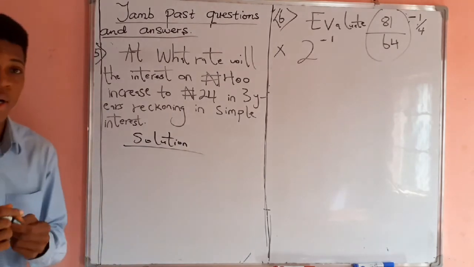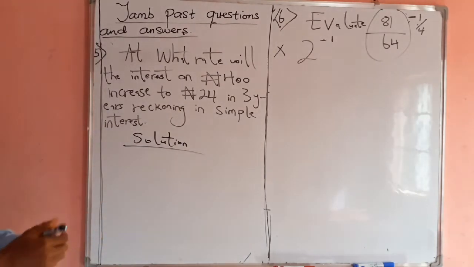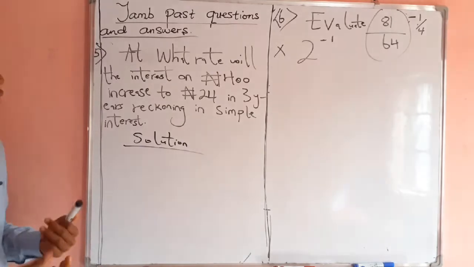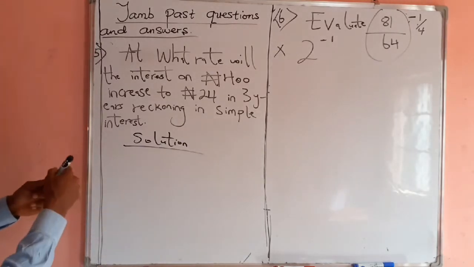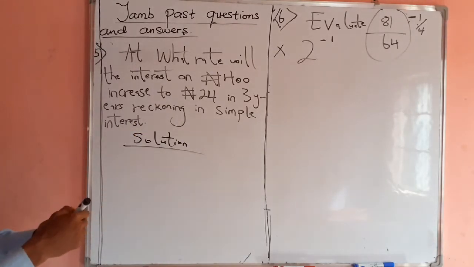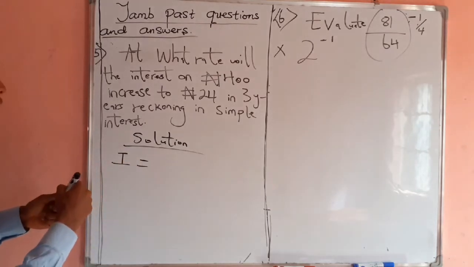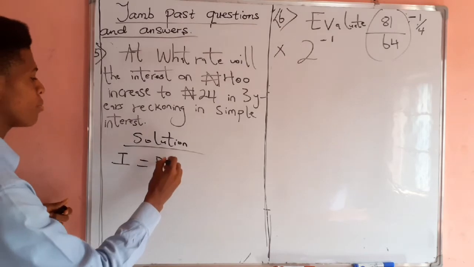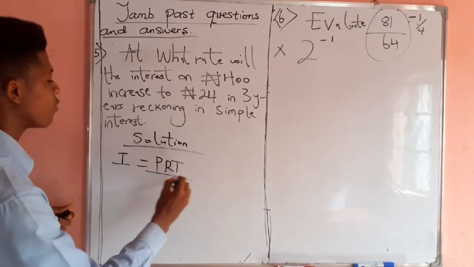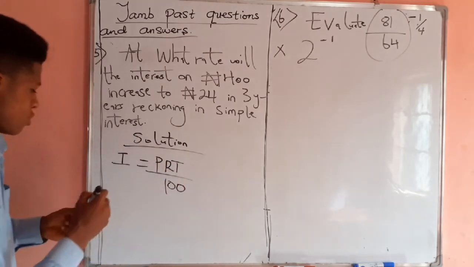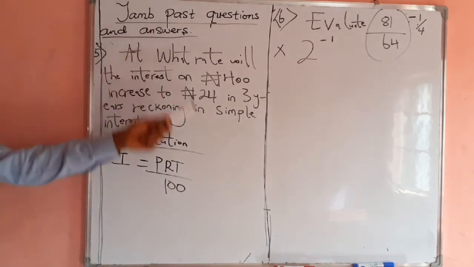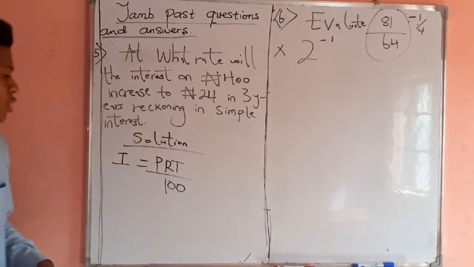For those of you unfamiliar with this topic, it's a good time to widen your knowledge on it. The formula for simple interest is I equals PRT over 100. Not until you know this formula can you progress in this question.